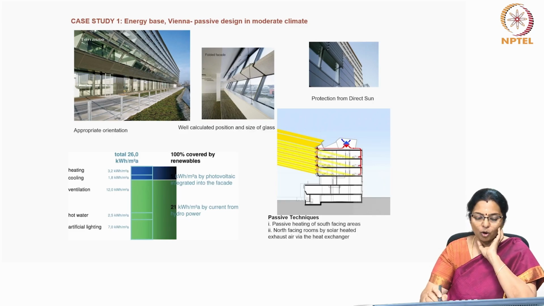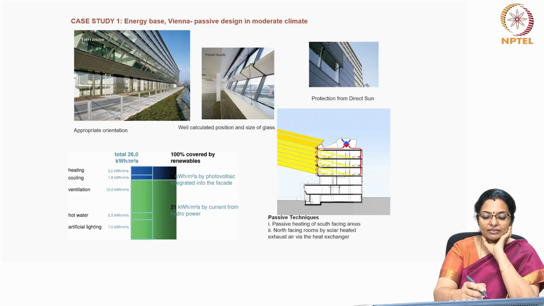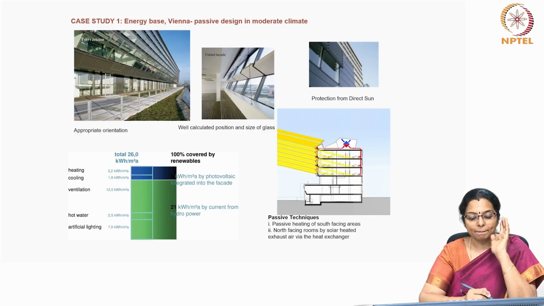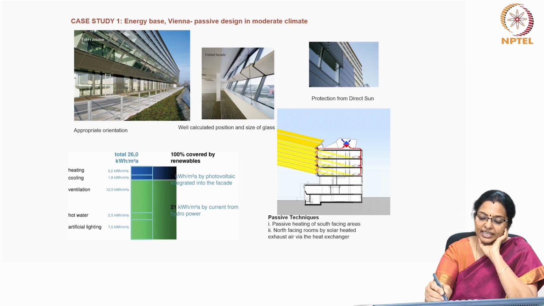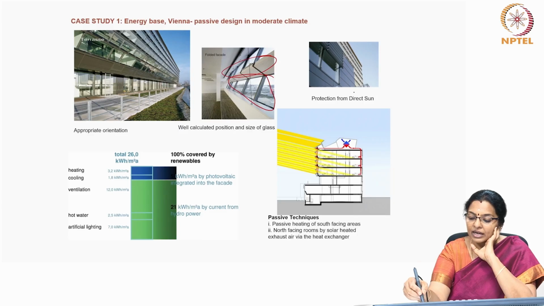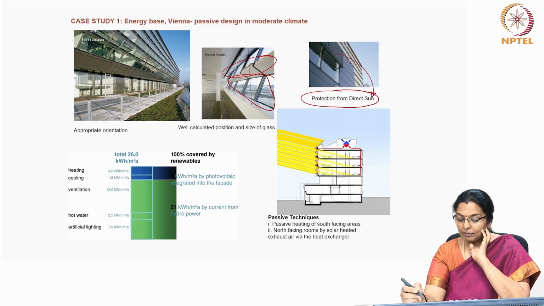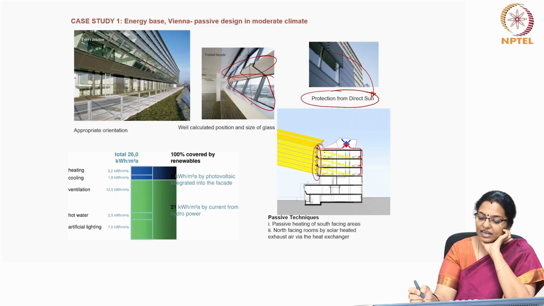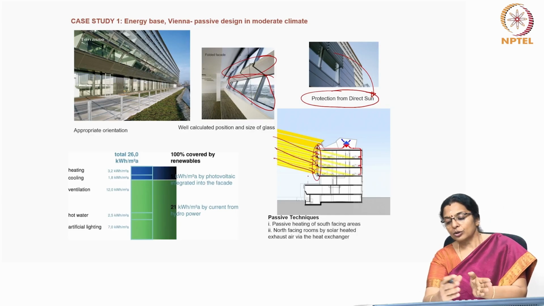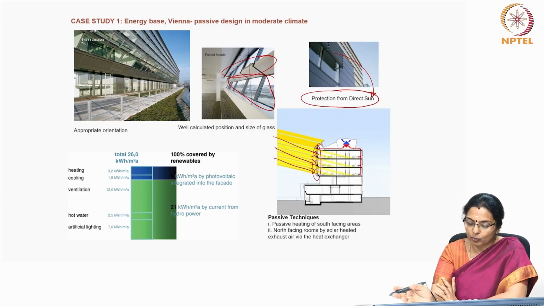This building uses appropriate orientation and windows designed specifically for this climate. It also uses shading devices and window design. It protects from direct sun through the use of appropriate shading devices. The passive techniques are passive heating of south facing areas. The south facing area is exposed to sunlight and it taps the energy to heat the rooms when required.